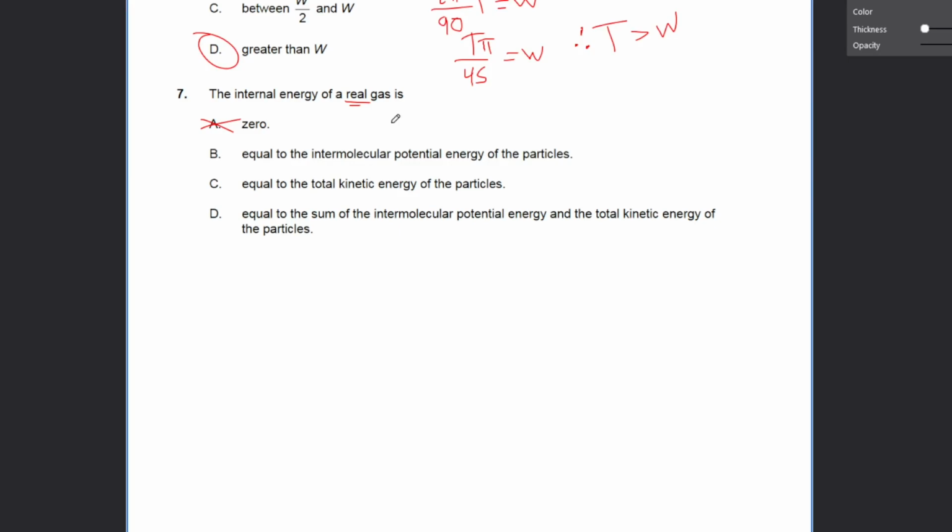But the reason it's an ideal gas is because we're assuming there to be no intermolecular potential energy. But in a real gas there is, so we need to factor in this energy into the internal energy. So the answer is D, equal to the sum of the intermolecular potential energy and the total kinetic energy of the particles.